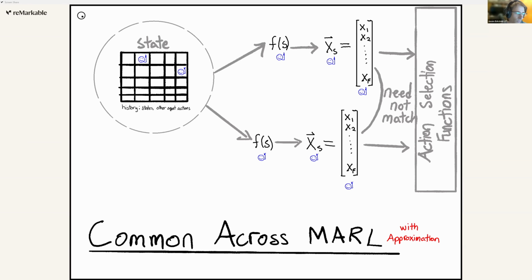But oftentimes with multi-agent learning, we're talking about observations from the environment. So we're allowing the possibility where an agent can only see limited information from the environment.